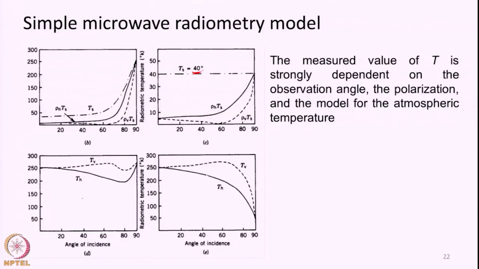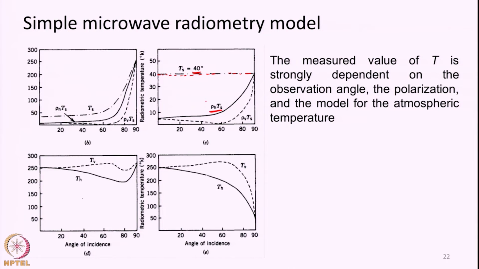If we assume the sky has a temperature of 40 Kelvin, a very low temperature but still what we can assume for the sky, this is the sky component that is being reflected by the surface.